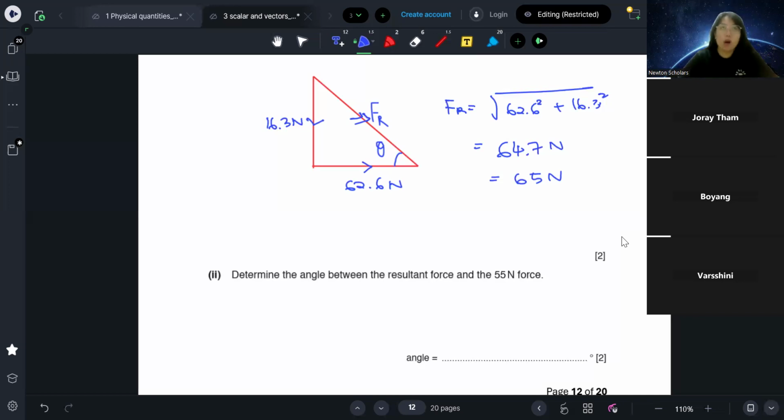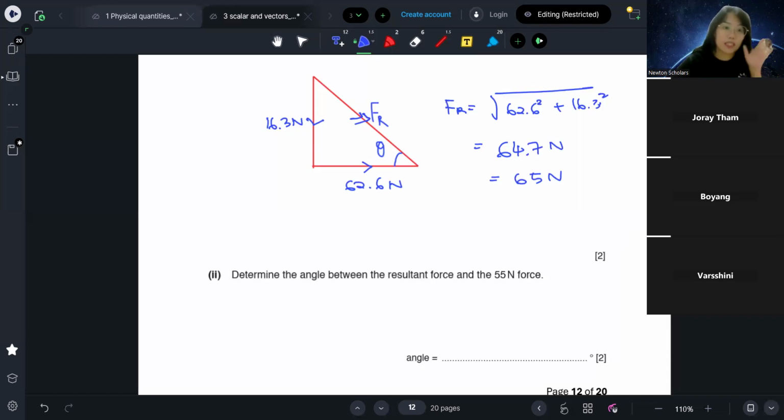Angle using your what is that? Trigonometry, sine, cos, tangent. 15 degrees, yes, correct. Round off to 15, so 15 degrees.